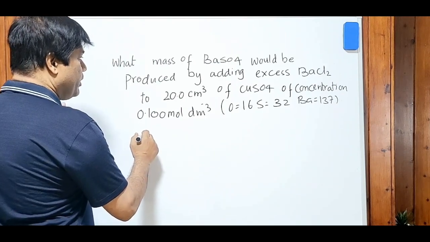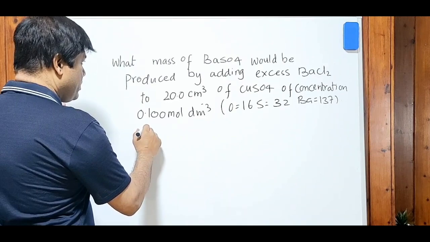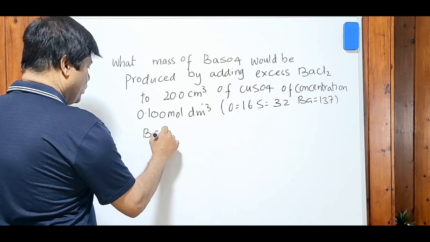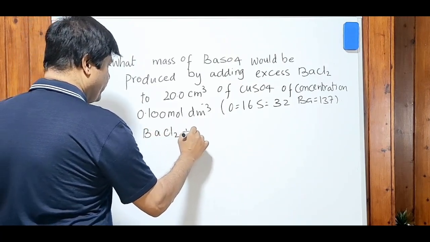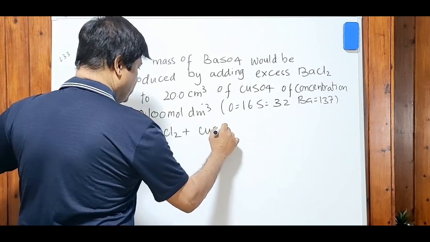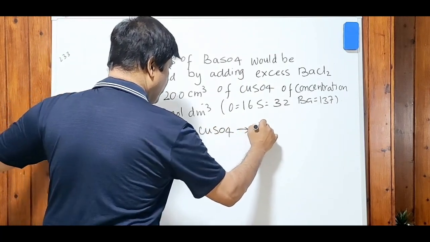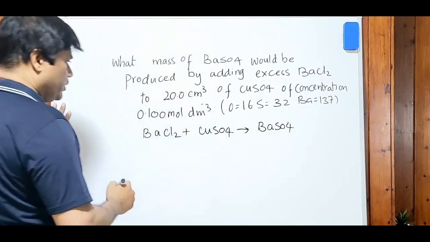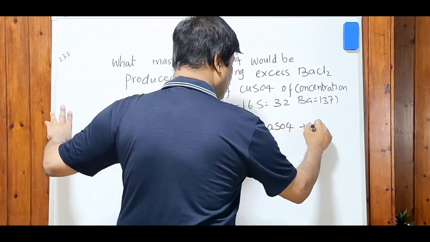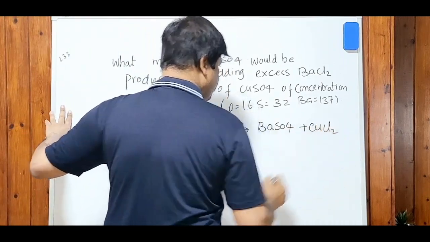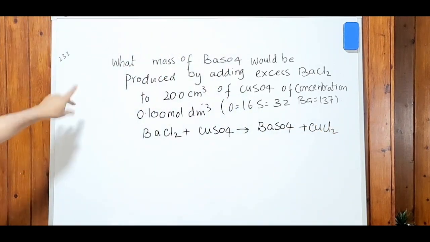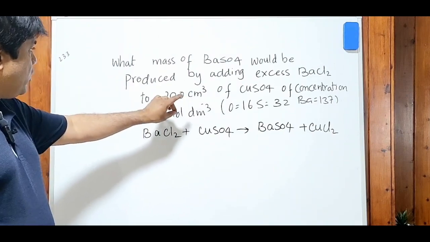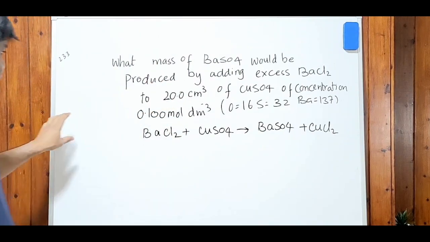So barium chloride reacts with copper sulfate to form barium sulfate plus copper chloride, CuCl2. We don't need copper chloride. Is that okay? So what mass of barium sulfate would be formed?